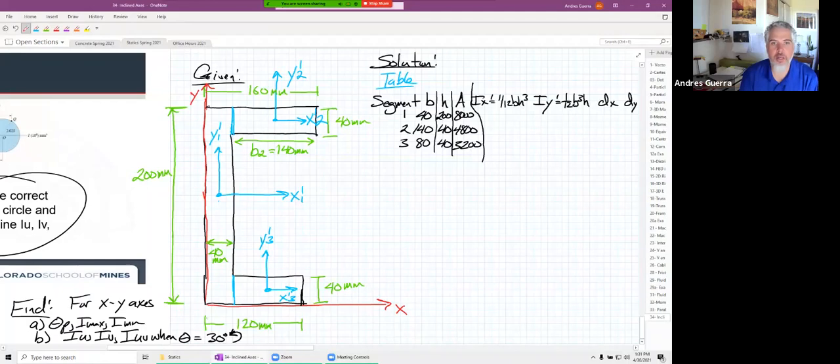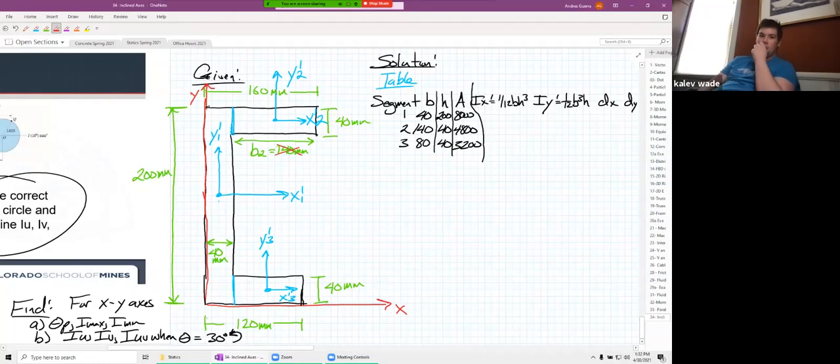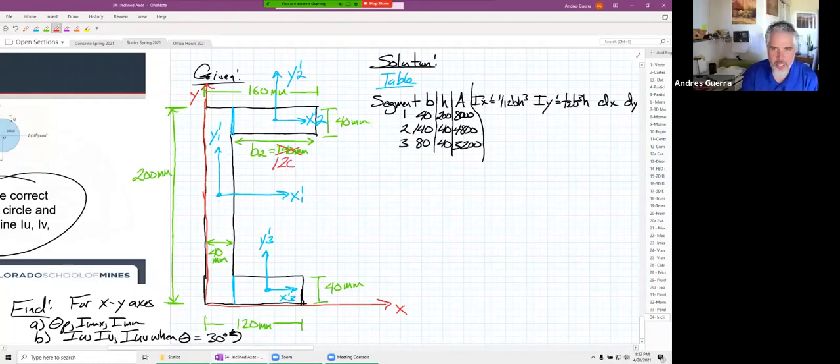Oh yeah, because 160 minus 20 is not 140. Yes, thank you. Minus 40, right? So this should be 120 millimeters. And then my area makes sense, doesn't it? 120 times 40 is 4,800. Thank you.